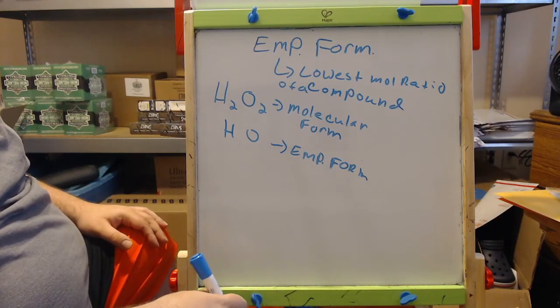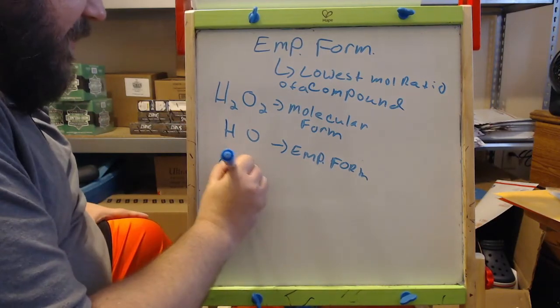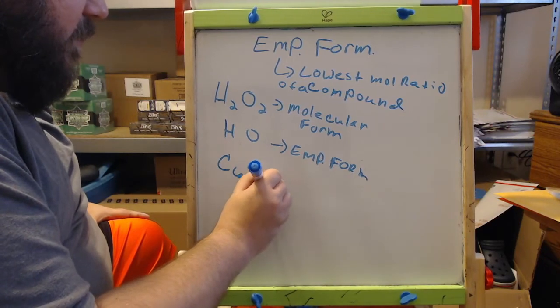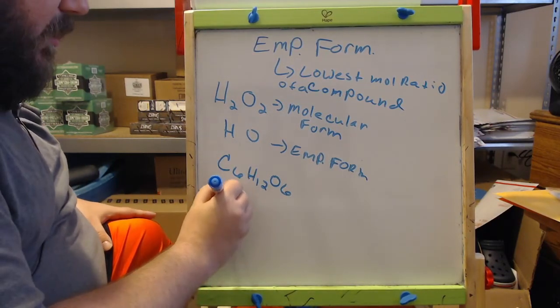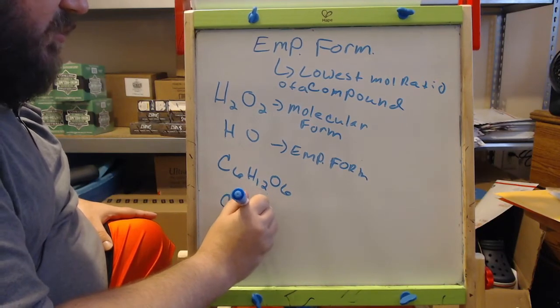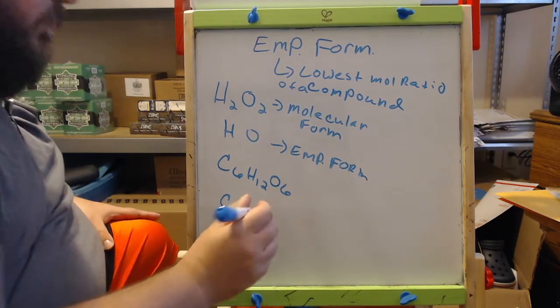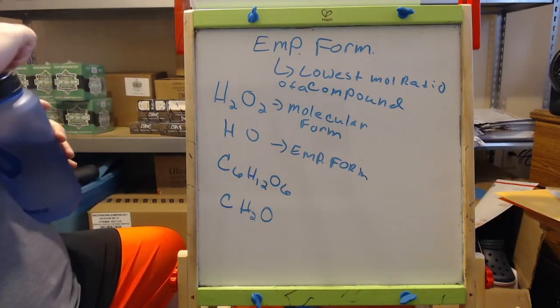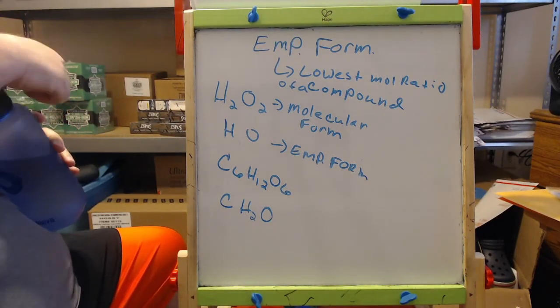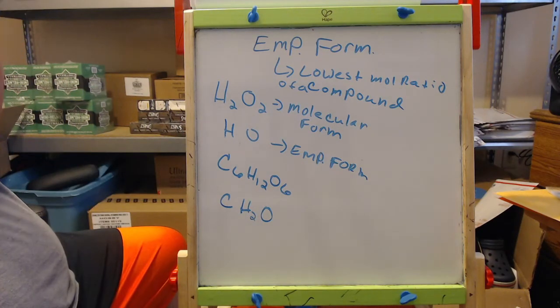So C6H12O6 that we just looked at, the empirical formula would be CH2O. It gives us the lowest ratio possible.